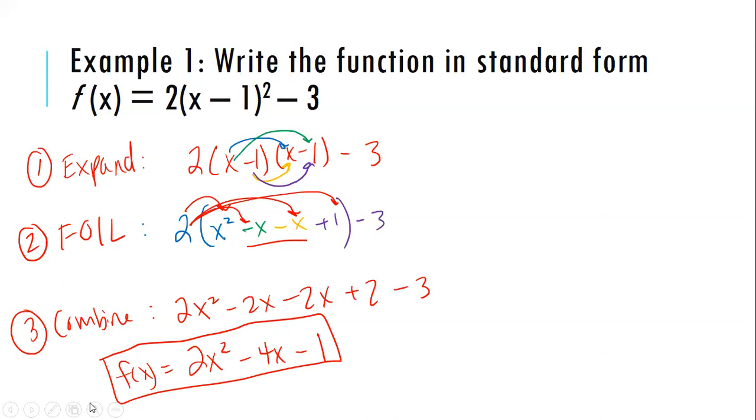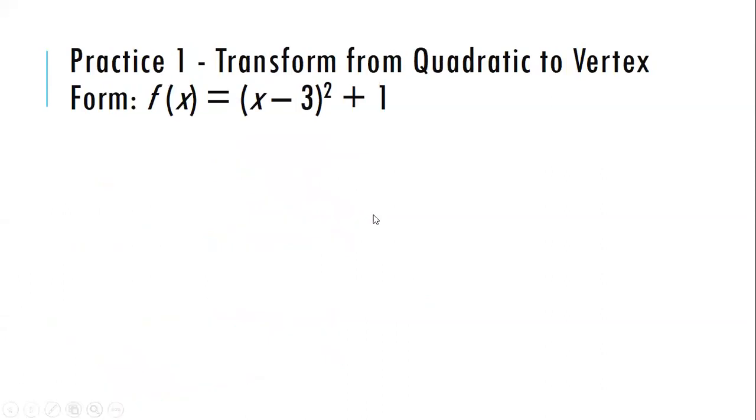All right. Comments about going from vertex to standard. Easy enough. We expand, FOIL, combine. Expand, FOIL, combine. So I'd like for you to pause, try the practice problems. 2. So step 1, once you expand, you should have had x minus 3 times x minus 3 plus 1.